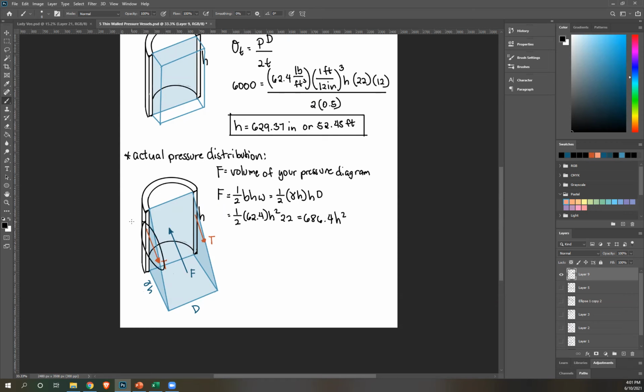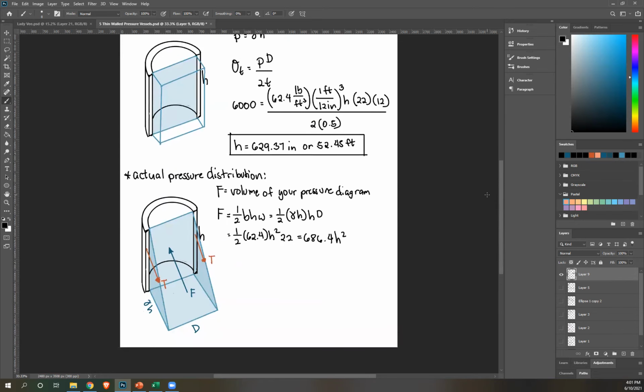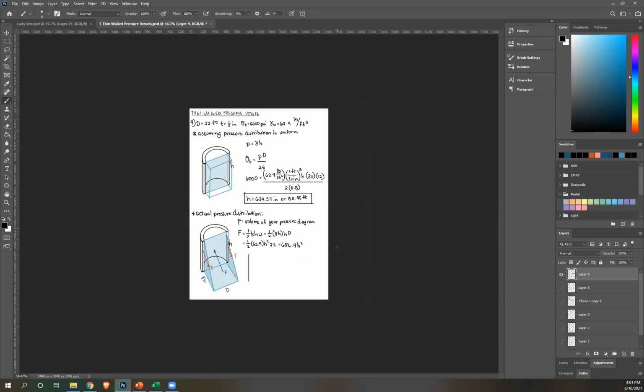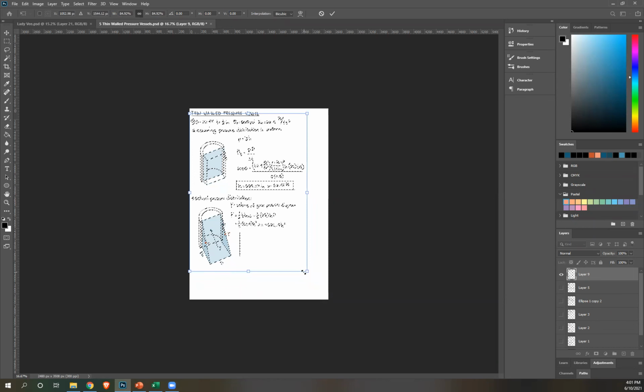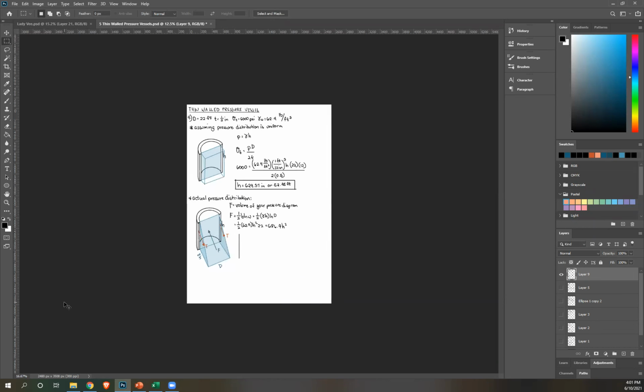We have ourselves a system of non-concurrent forces. To see it clearer, I'm gonna draw a side view. Let's make everything smaller so it fits.